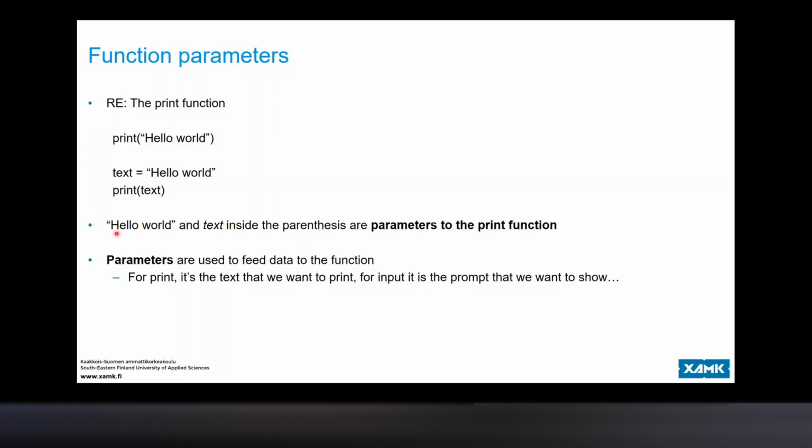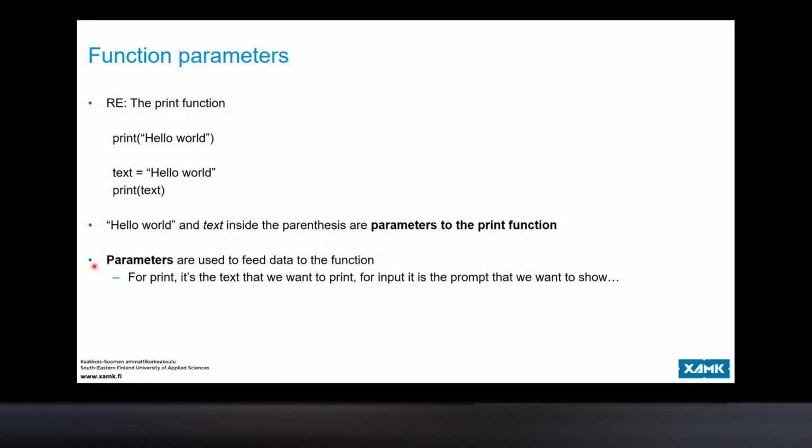So it turns out this text hello world in this first example and the variable text in the next one, these are called parameters that the function takes. Now this variable or that text is special in the way that it's a way for us to feed data to the function.